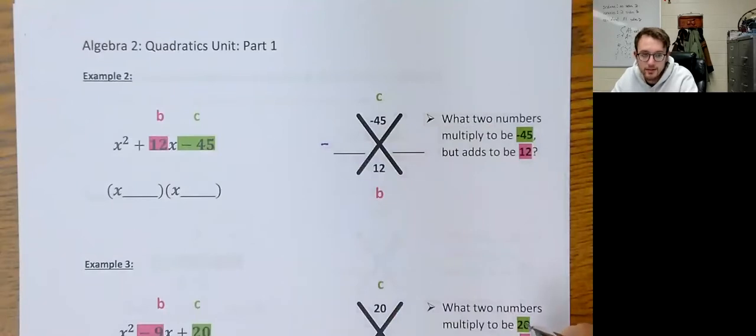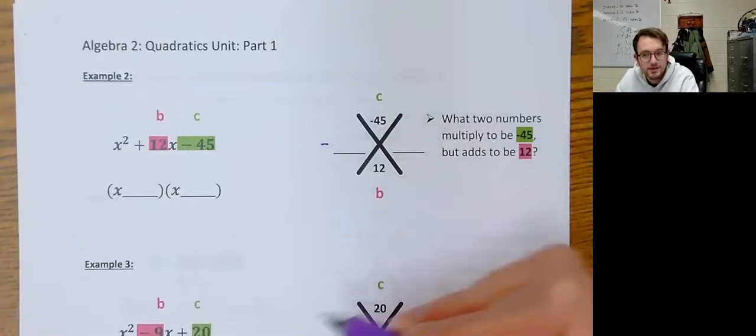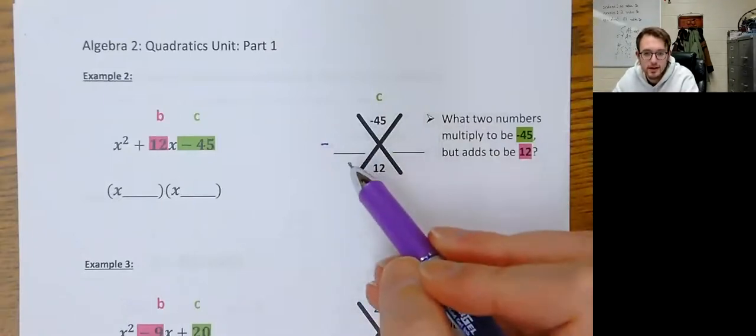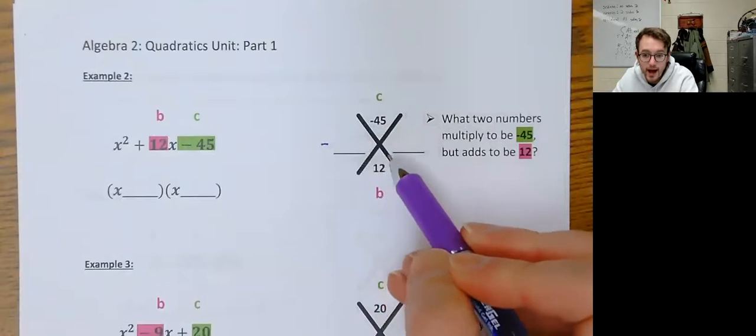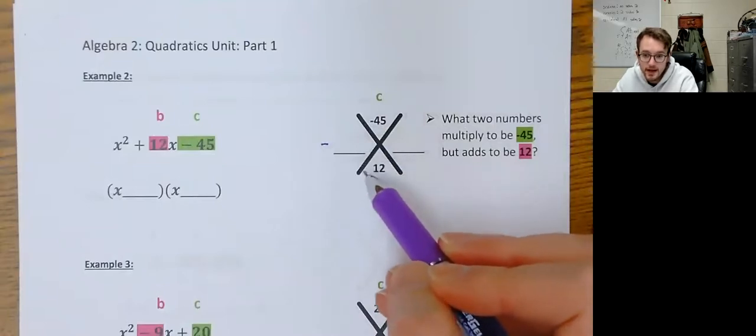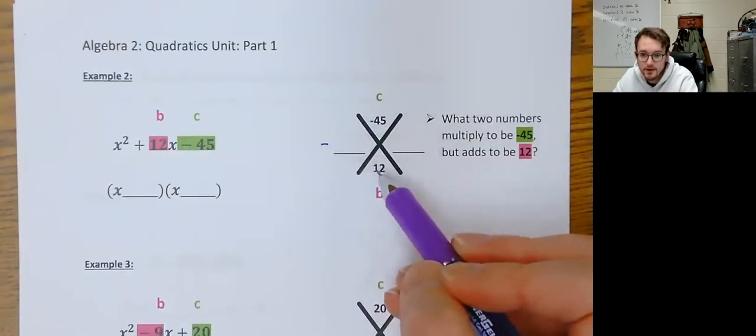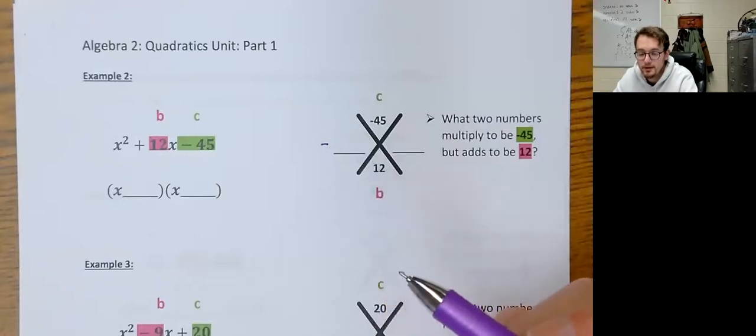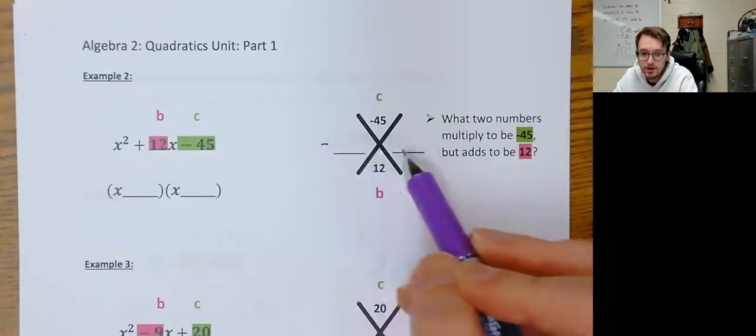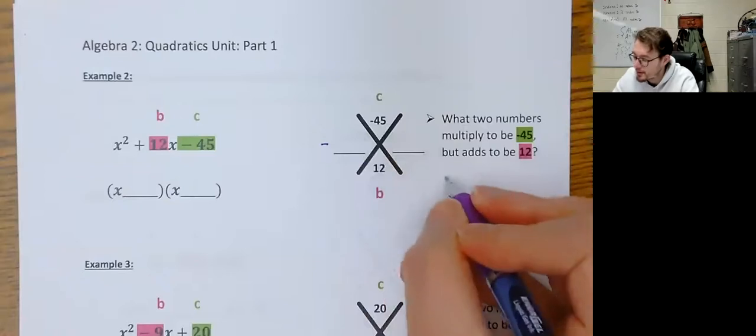And I've done this long enough, and hopefully students learn by doing this enough, that when you add a negative and a positive and you get a positive, the positive number has to be bigger. So whatever numbers I'm looking for, I want the positive number to be bigger.